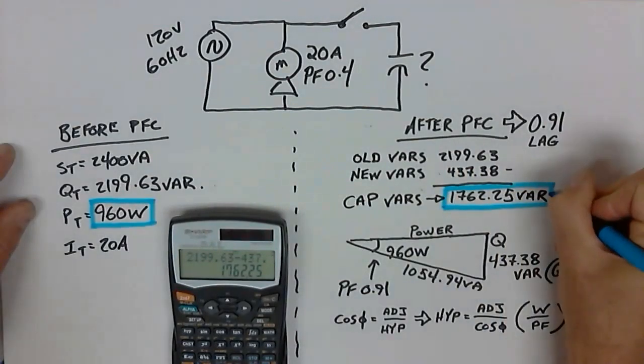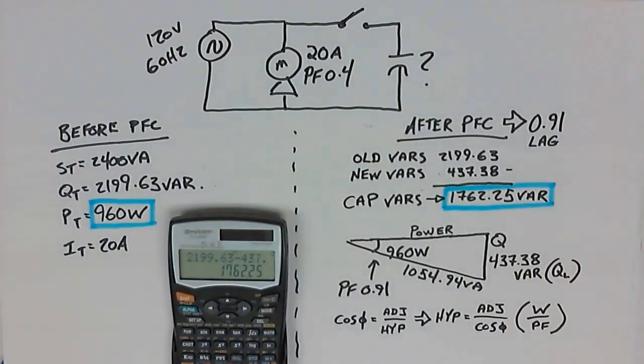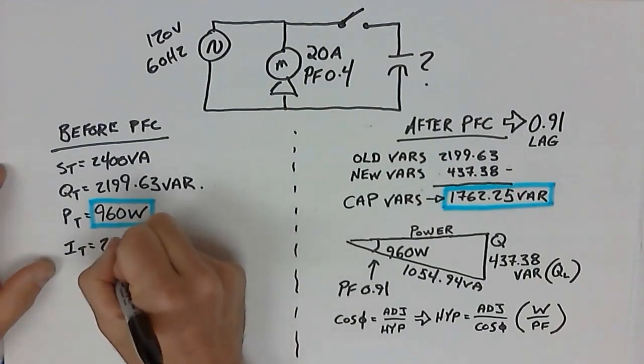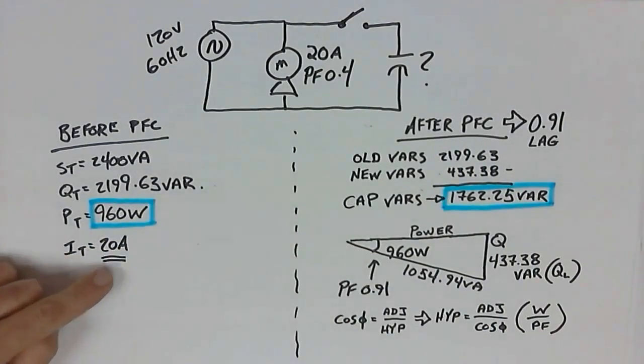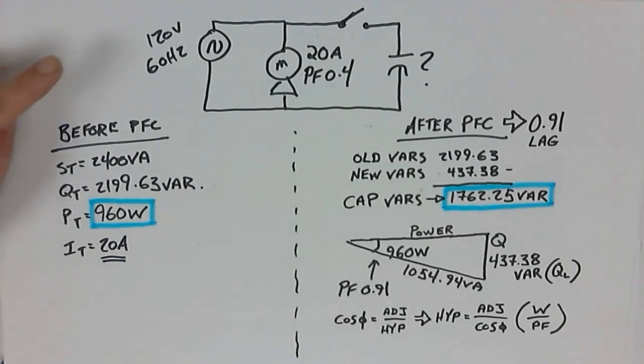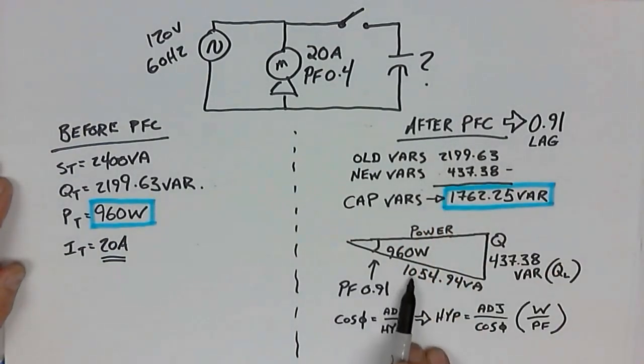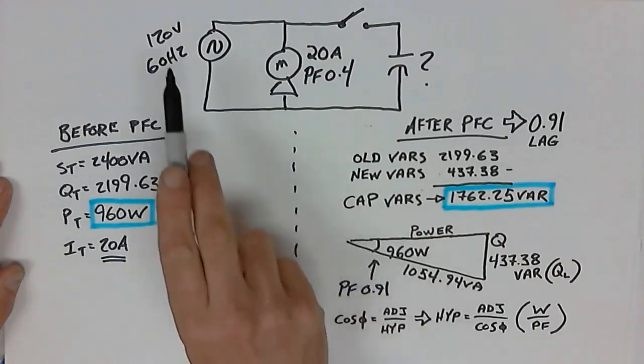And finally, with all of this information, let's not forget what's kind of the purpose here. We want to work out how many amps. What's the new current going to be? Well, before power factor correction, we had 20 amps. And we calculated the 20 amps from the total S and the total voltage. So if I want to know what the total current is after power factor correction, I need to know the total VA and the total voltage.